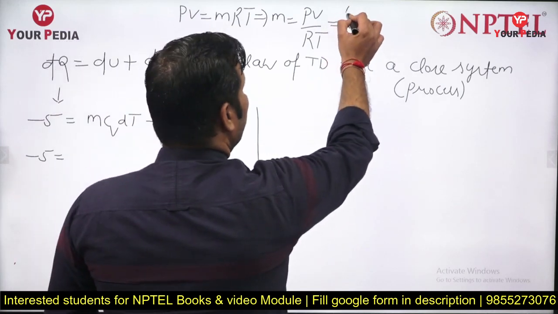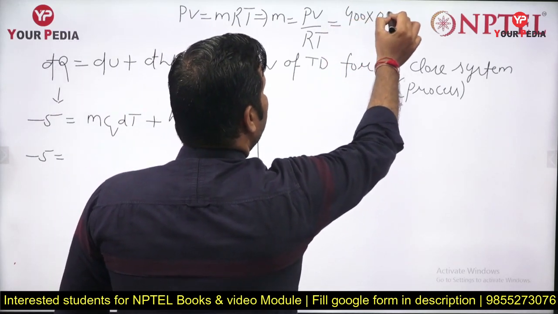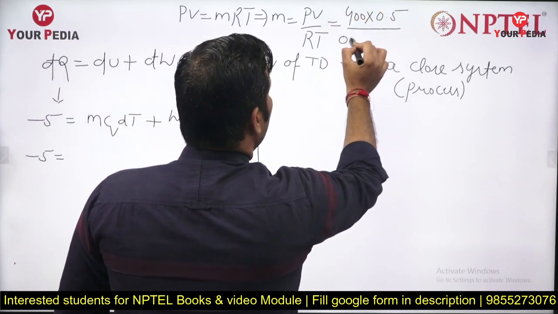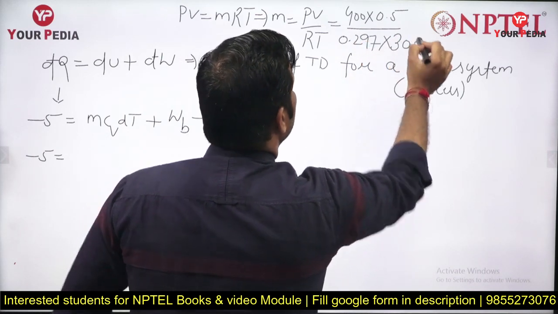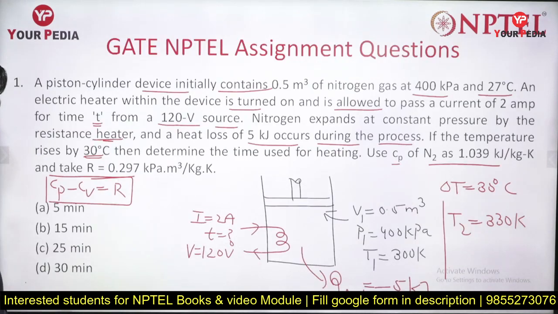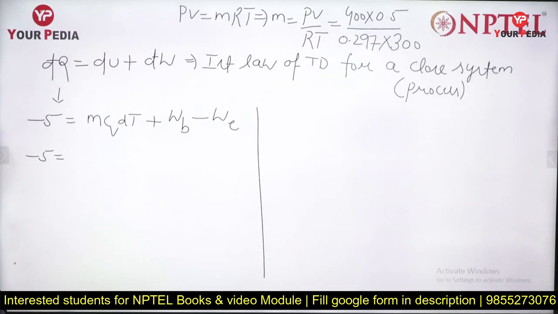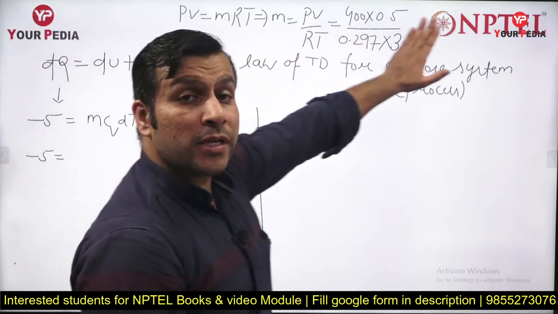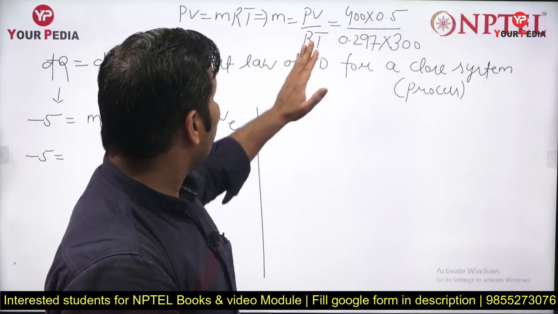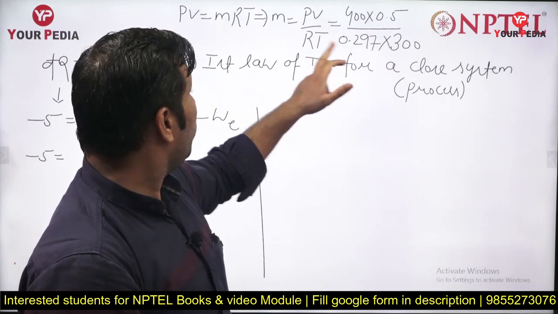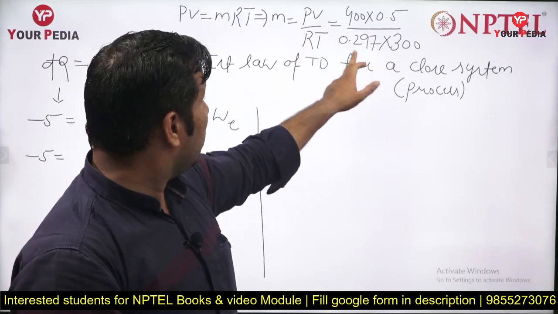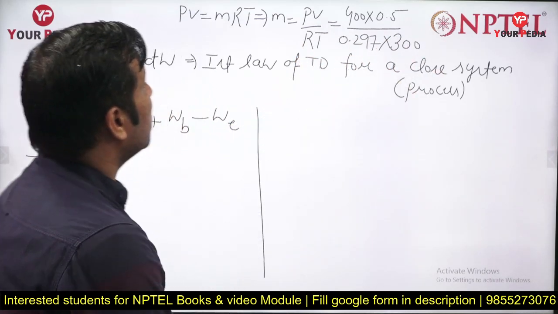So 400 kilopascal, 0.5, 0.297, let me check the exact value, and this is 300 Kelvin. All these values I have taken from the data which is given to us: pressure 400 kilopascal, volume 0.5 meter cube, characteristic gas constant R 0.297, and the temperature is 300 Kelvin.